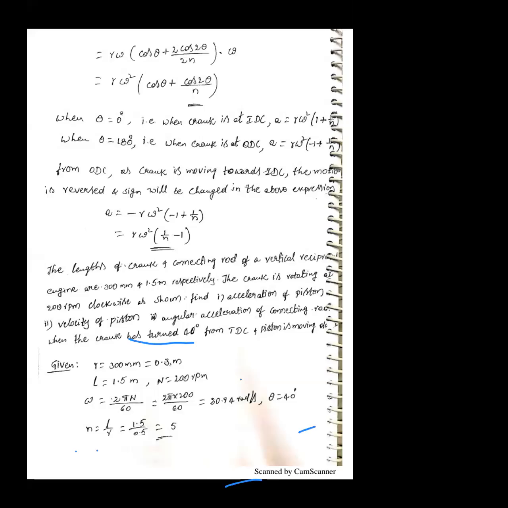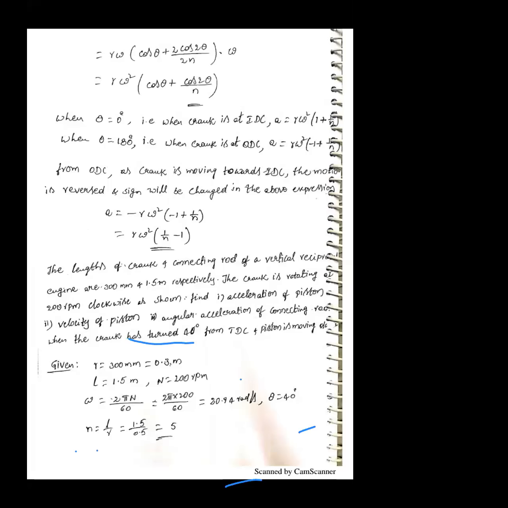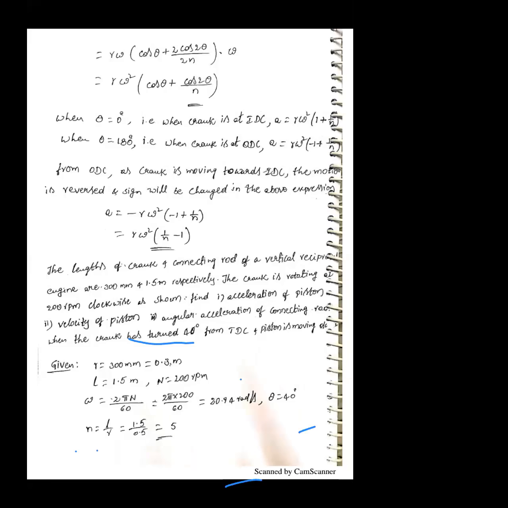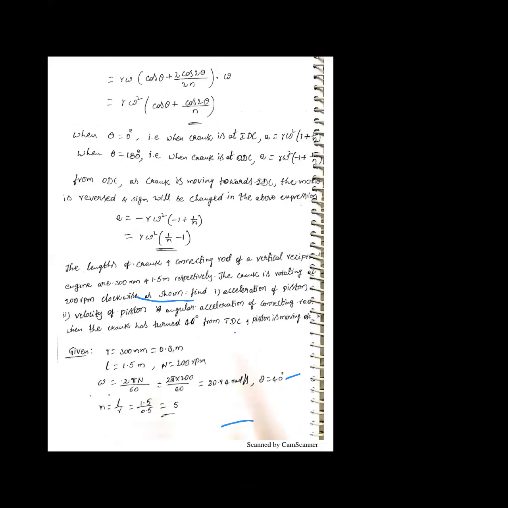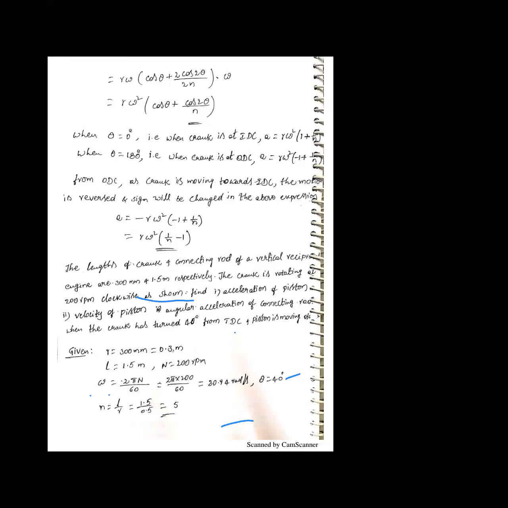So omega r into the differentiation of sin theta, which is cos theta, plus the differentiation of sin 2 theta, which is cos 2 theta into 2, by 2n, into omega.